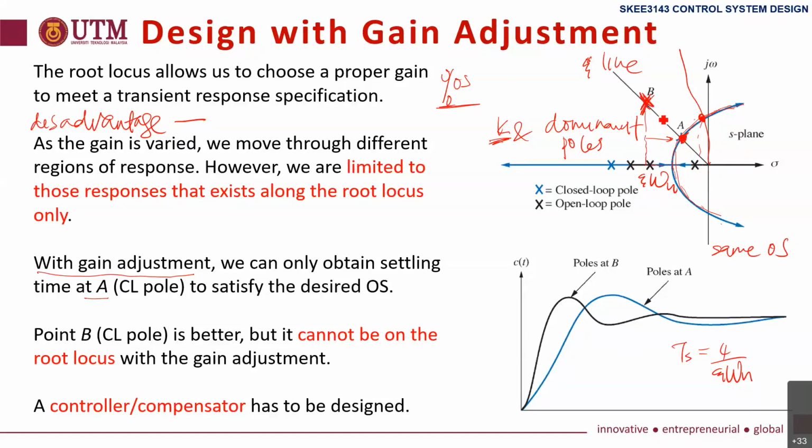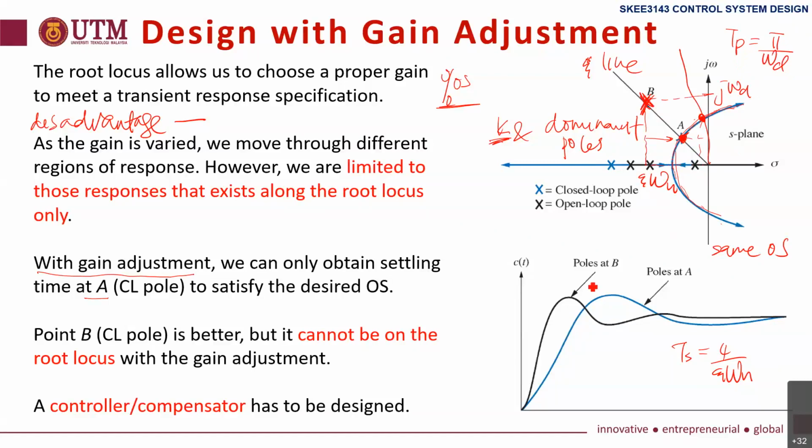The system is faster. Also, we can see here, this is j omega d, in which peak time is pi over omega d. Omega d at B is bigger than at A. If omega d is bigger, then Tp is smaller. Smaller means faster peak time.